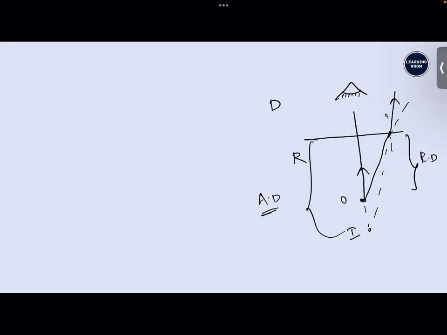Find out which is the angle of incidence and which is the angle of refraction. We got it last class, last Wednesday online.